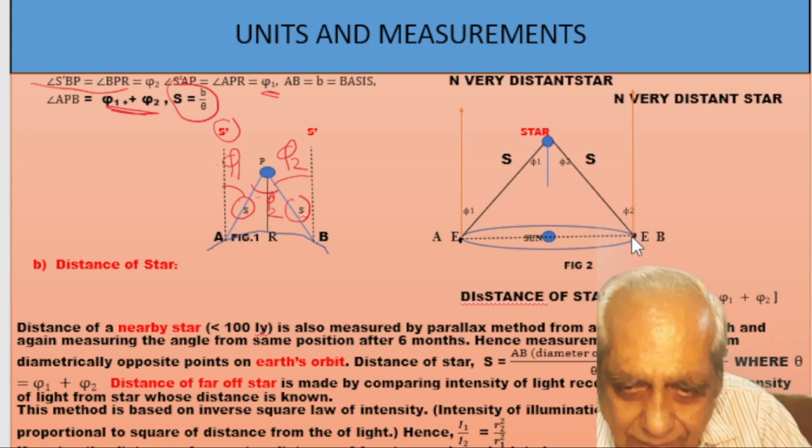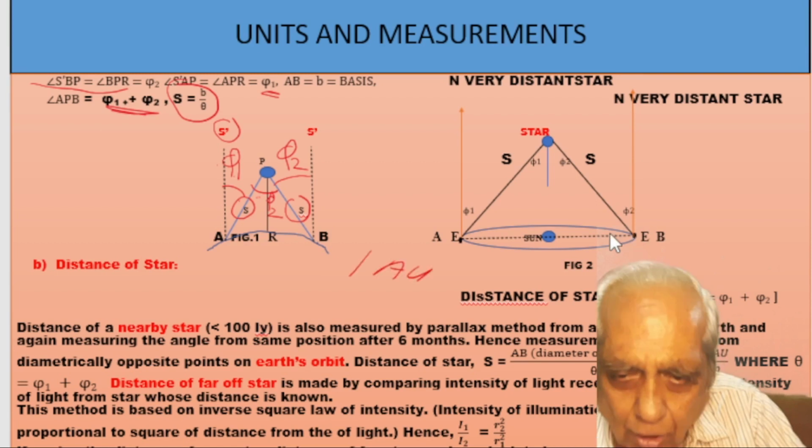That distance we call 1 AU. So the distance of sun from the earth, E to sun, is 1 AU, and similarly from sun to E is 1 AU. If I take across the diameter of this orbit, that will become 2 AU. So the chord AB becomes the diameter of the orbit of my earth, which is 2 AU.